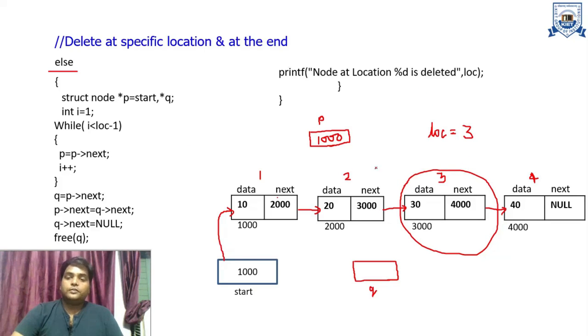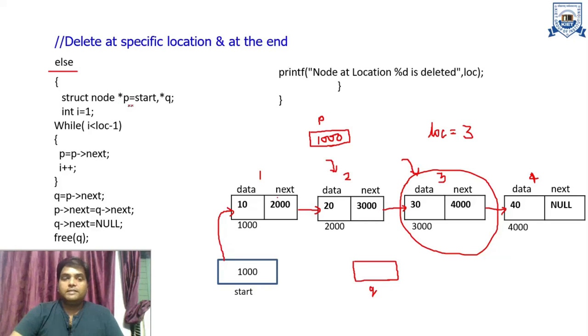So first of all we have to reach this particular position, and we also have to reach this particular location for providing the data and address values. So for these 2 locations we use these 2 variables, p and q.